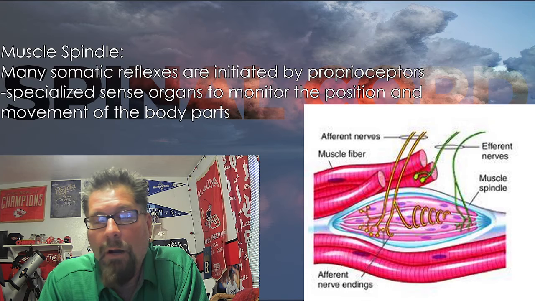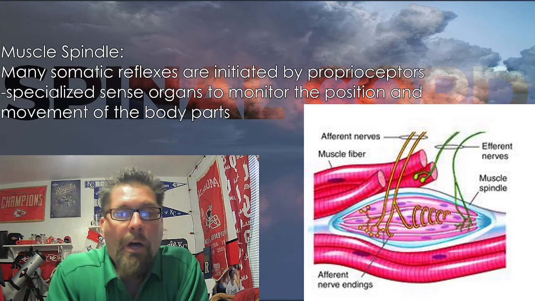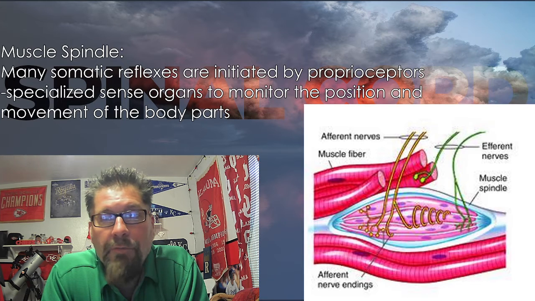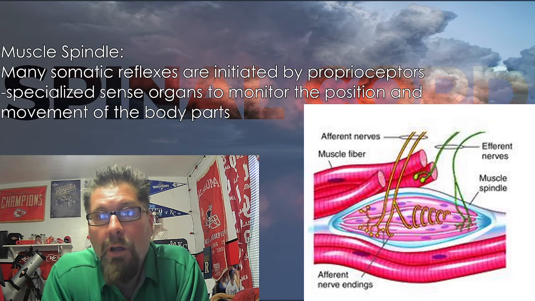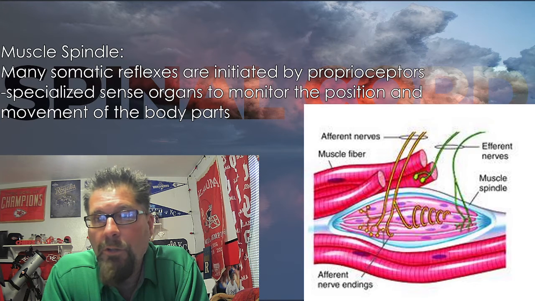Again, the white area is going to be connective tissue, and these are just dispersed throughout muscle fiber. Depending on what muscle it is, the more fine movements that are needed, the more of these that you're going to have.